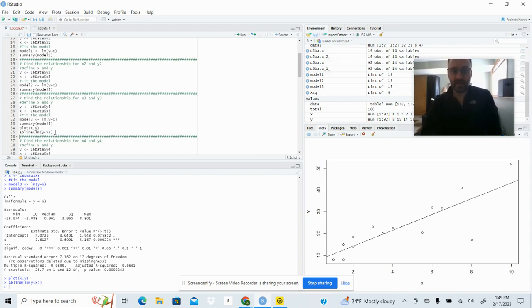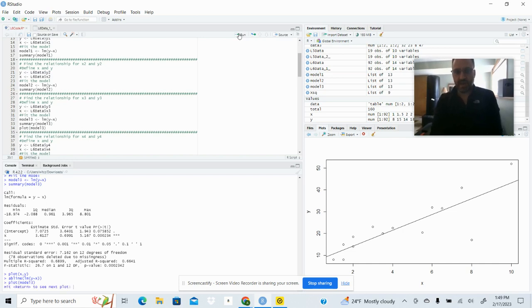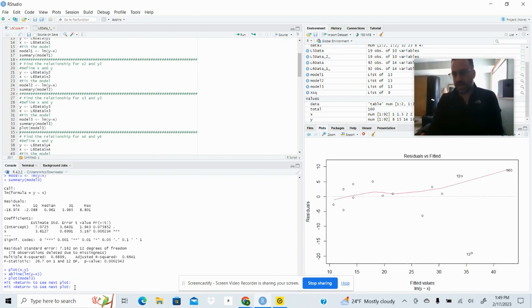So just a couple things, because if you did a plot of model 3, that's actually going to show you some stuff we'll see in next lessons, but it'll do a plot of the residual values and some other things, not the actual scatter plot. So if I did a plot of that, it does multiple ones, and it does the residual values versus the fit.